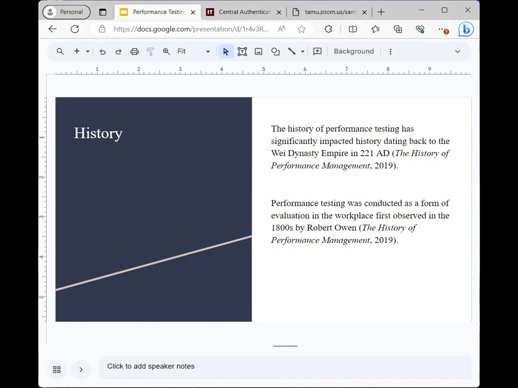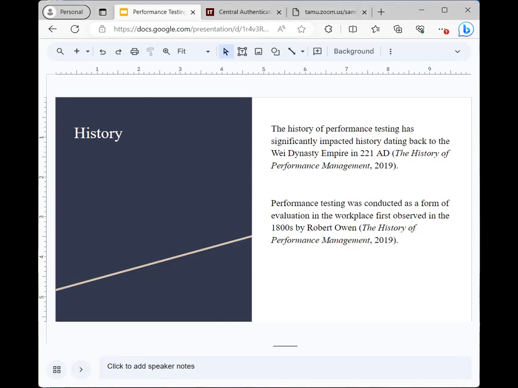Since tools and technologies that are commonly used today were not available during that era, silent monitoring was implemented as a form of performance evaluation, through observation or through questioning.